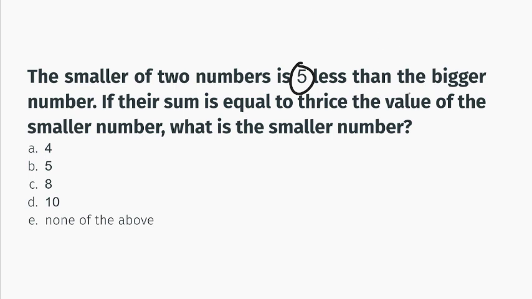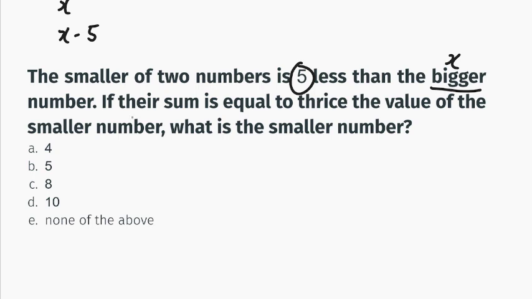So since the value of the smaller is dependent on the bigger, let x be the bigger number rather. So if x is the bigger number, then the smaller number is x minus 5, since it is 5 less than the bigger number.